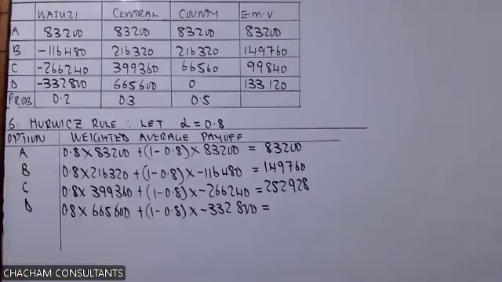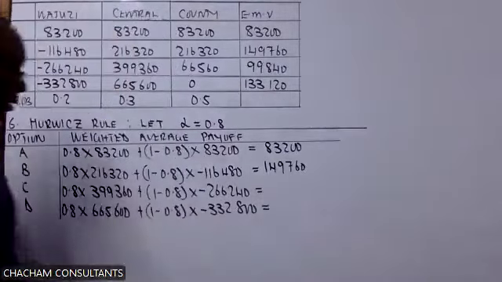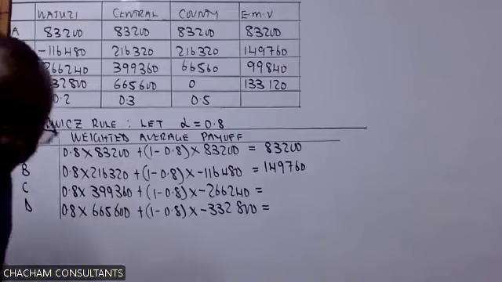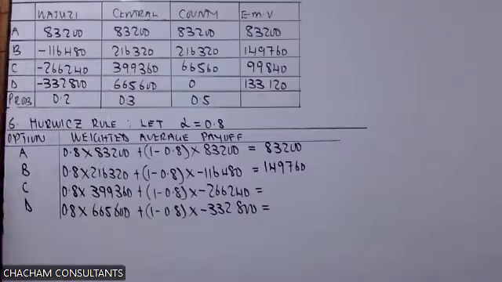I think we've missed something in C. What is the correct answer? Let me compute. I'm getting 266,240, a different figure from the other one, which was 252.